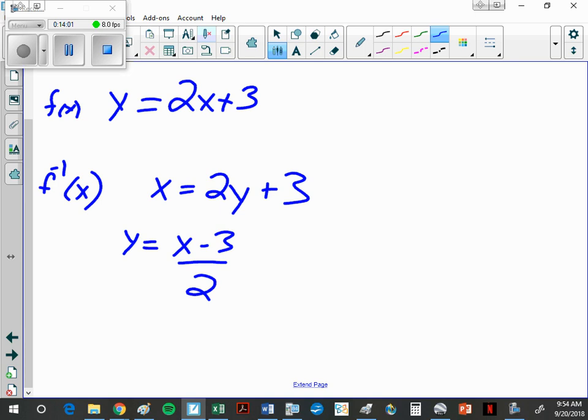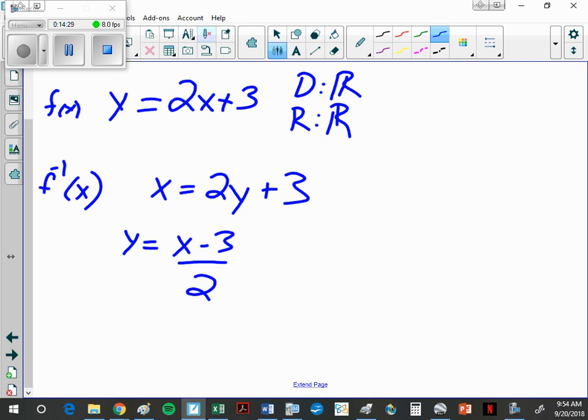Nope, so it's all real numbers. So if the domain and range of the original are all real numbers, what about the inverse? Same thing. You turn every x into a y and every y into an x. If there are two x's, they both become y's. But that's not going to happen today.